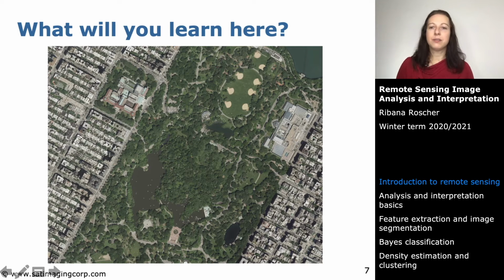Imagine you have a lot of satellite images, for example, such a kind of satellite image as illustrated here. To analyze all these images, that means to recognize automatically where fields are and where buildings are, we need the help of computers.